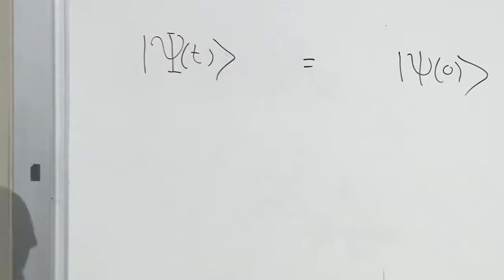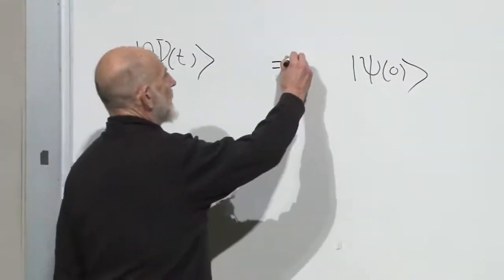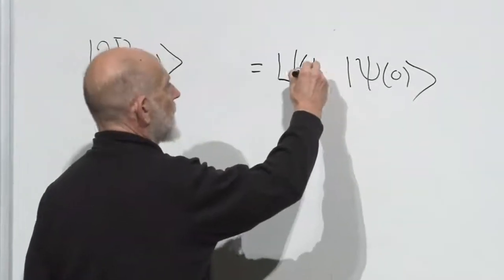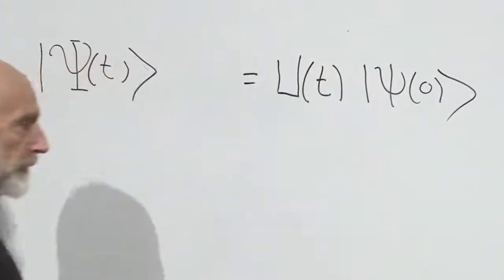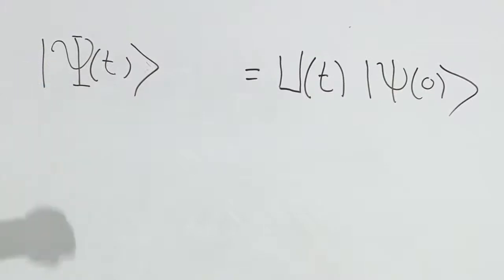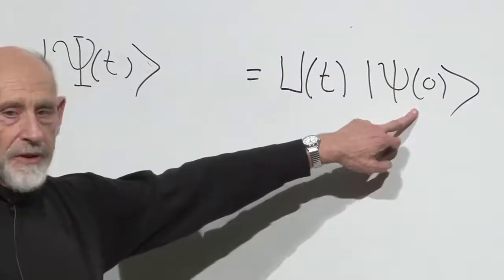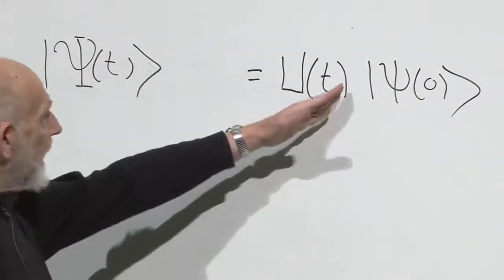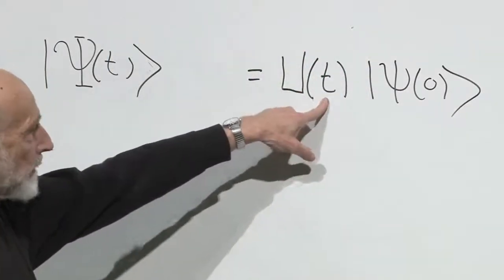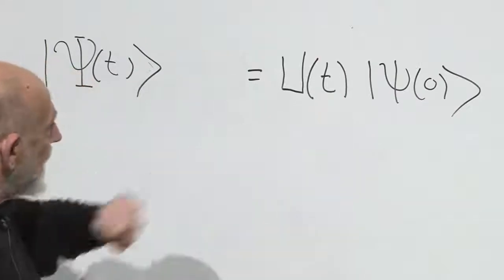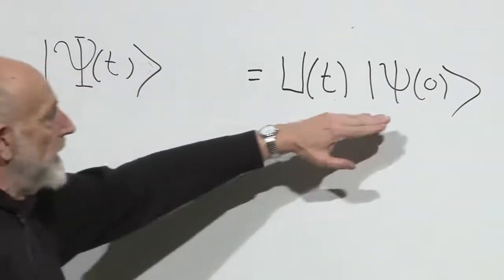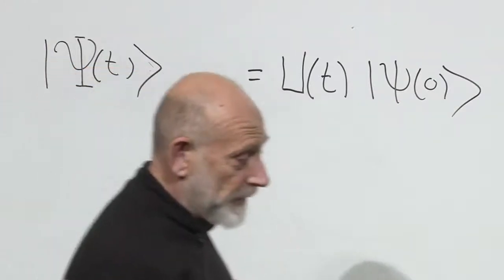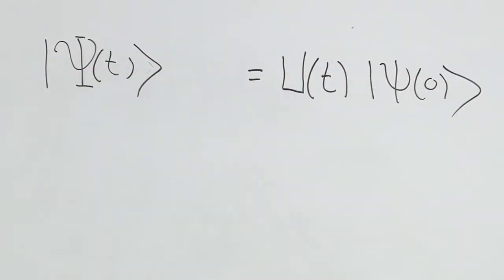It doesn't stay the same. So let's represent what we do by the operation of some kind of operator. Now, incidentally, we didn't have to start with time 0. We could have started with time something else and evolved by amount t. So this t here really represents the time of evolution from the initial state to the final state. Well, not necessarily final, but the state at some time.